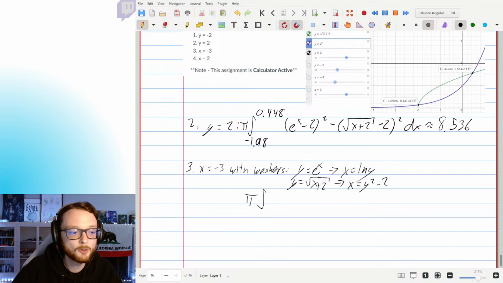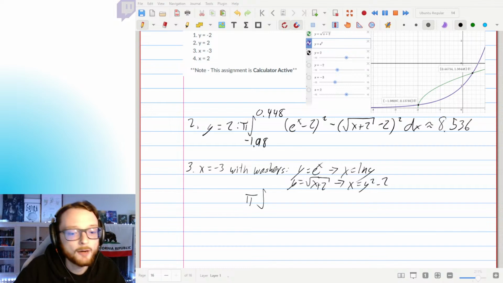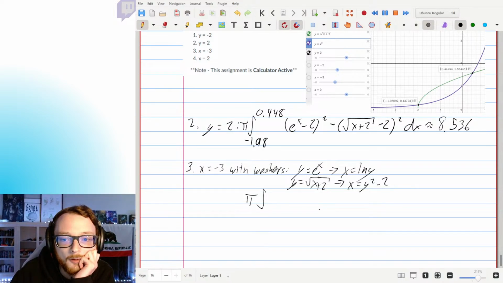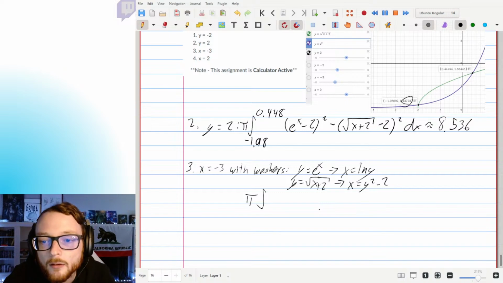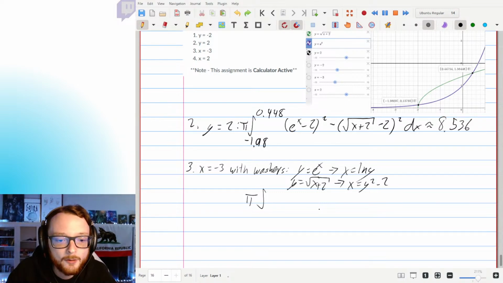So now for the integral, we need to put our bounds in y. Oh wait, I already have that on the screenshot. Why am I doing more work than needed? We'll call that 138, 1.564.